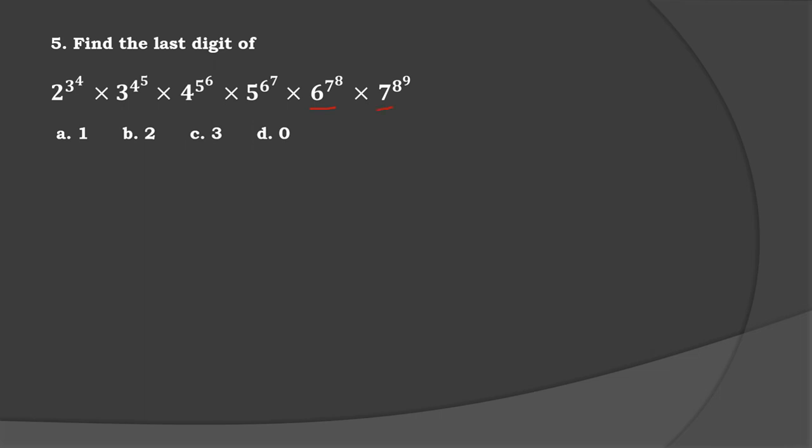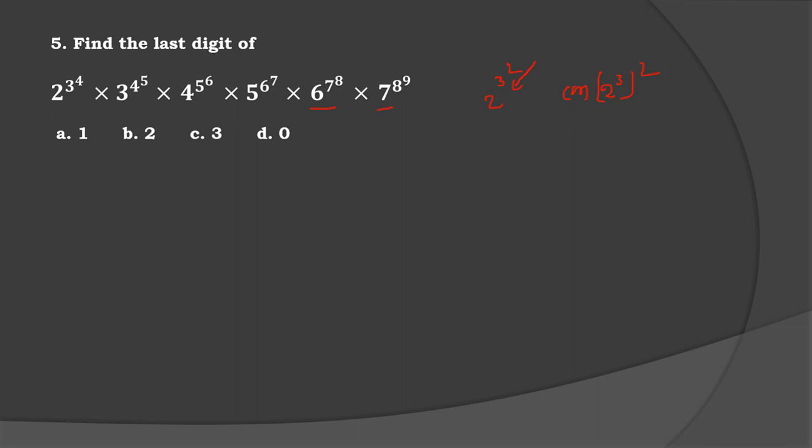Before that, what is the difference between 2 power 3 power square and 2 cube whole power square? Now tell me, what is the difference? Whenever we have a question like 2 power 3 power square, we come from top to down.